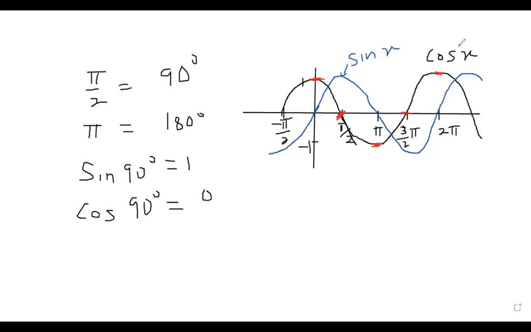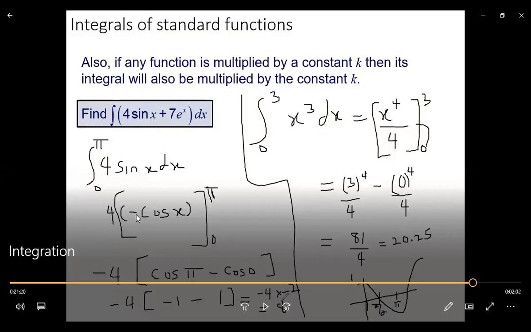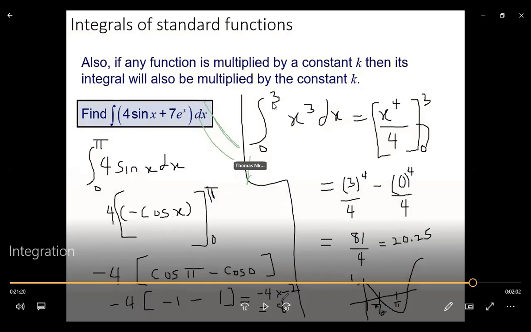So let's go back to the definite integral we're looking at. Given this, we have 4 into bracket negative cos x evaluated from 0 to pi. So let's go back to our whiteboard and do that.